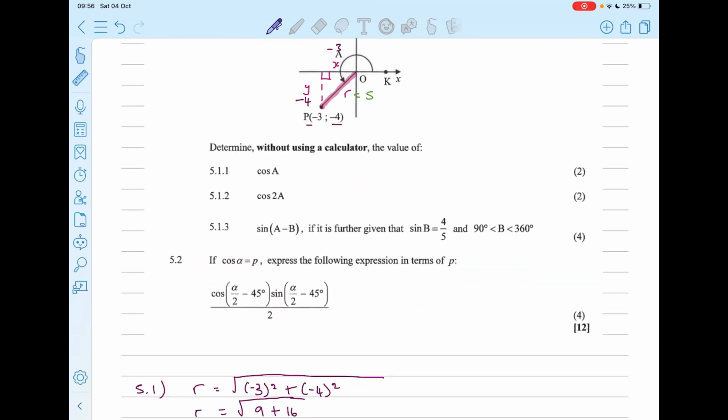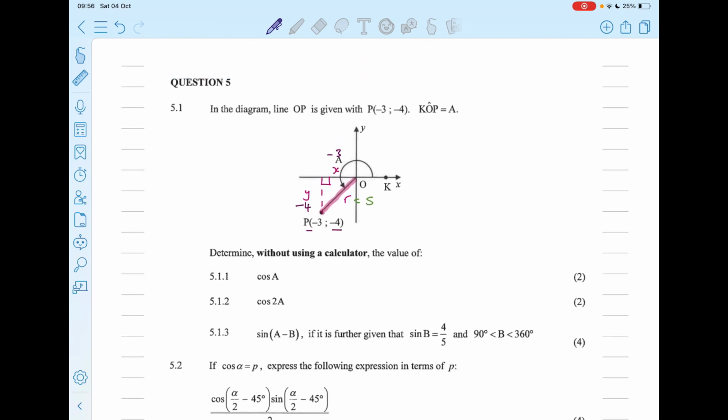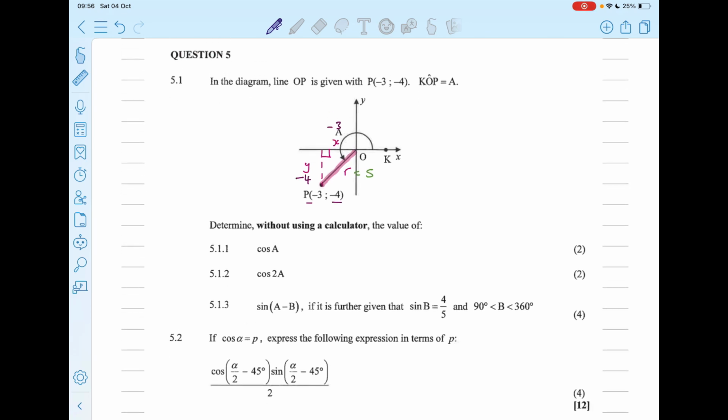5.1.3, we need to calculate sine (A minus B). We're given sine B and the restriction for B, that it's between 90 degrees and 360 degrees. So we have to figure out which quadrant B is in.